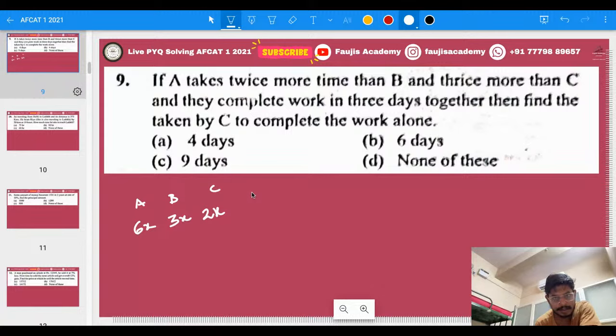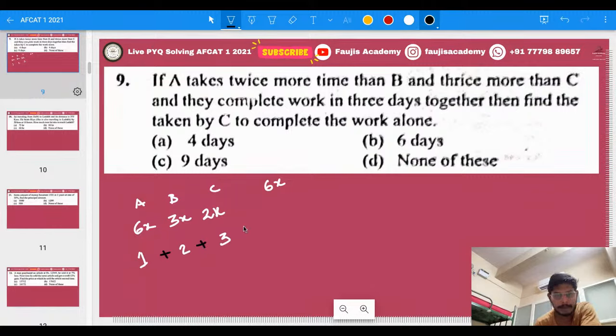Let us say the total amount of work that has to be done is 6x, which is the LCM of these three. So that means A is doing 1 work per day, B is doing 2 work per day, and C is doing 3 work per day. Another piece of information given is that together they are able to complete it in 3 days.